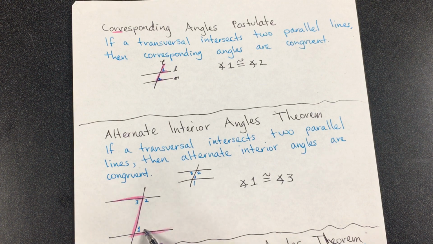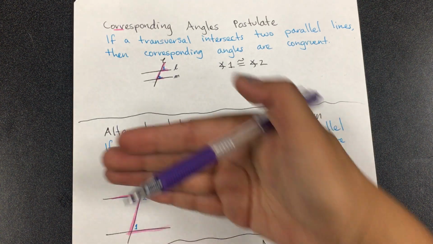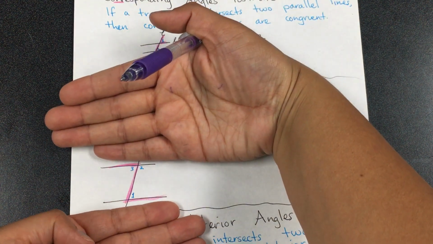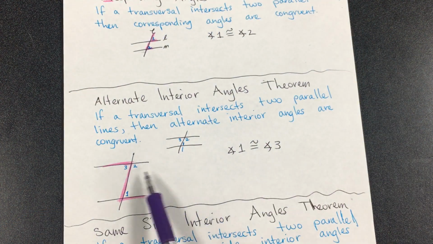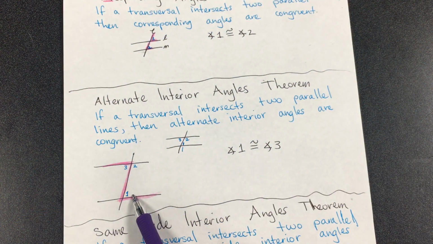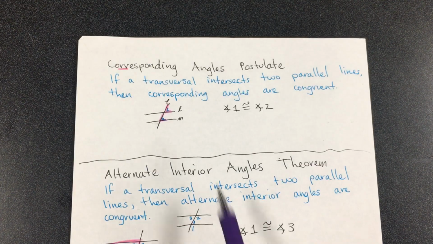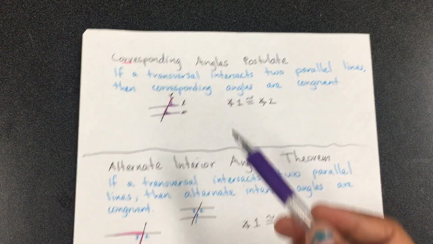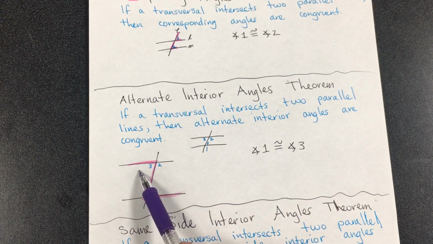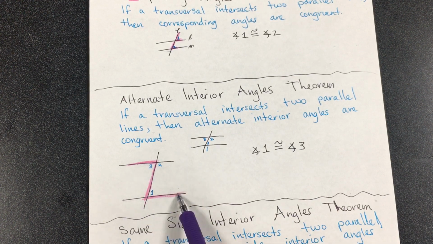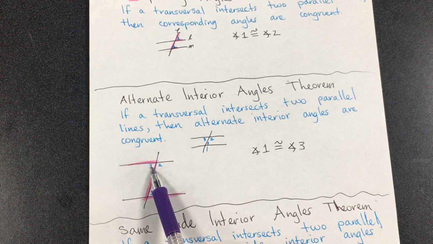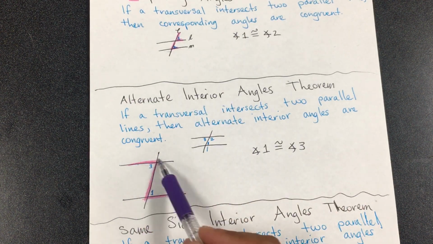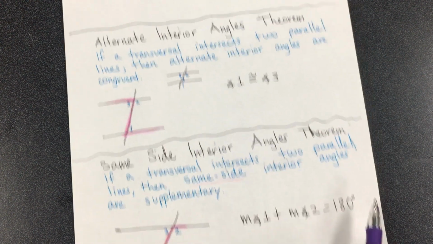And interior because they're inside of the two parallel lines. So angle 3 and angle 1 are alternate interior angles. In here, it's like a Z. And I think of A through Z to remember the name. Alternate interior angles is the one that forms the letter Z.